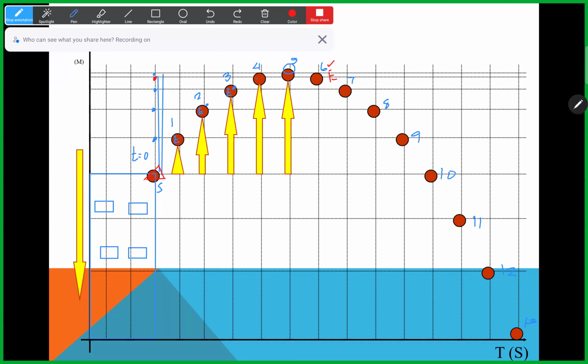Can you describe the displacement vector now? Anyone? It's exactly the same as 4, because this is where you started, and that's where you ended. So there's your displacement vector for 6 seconds.